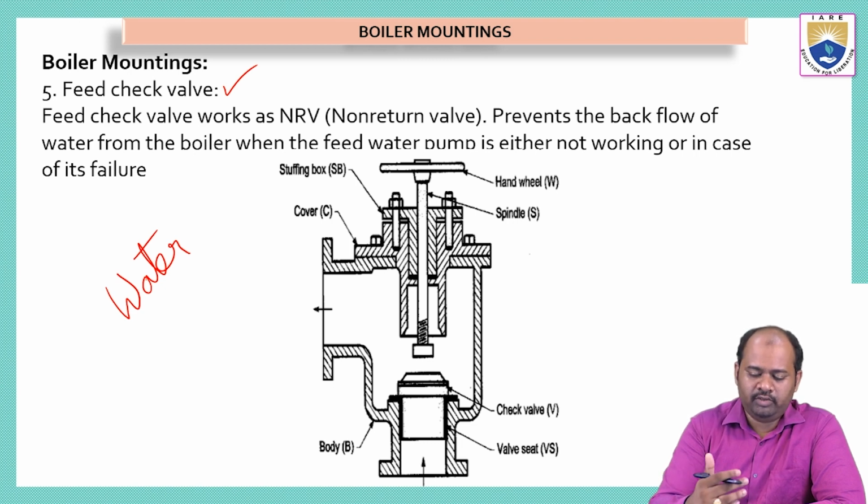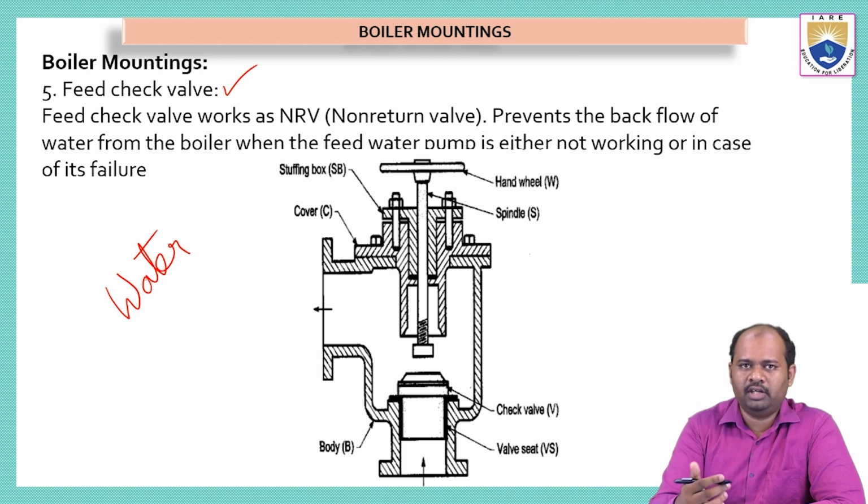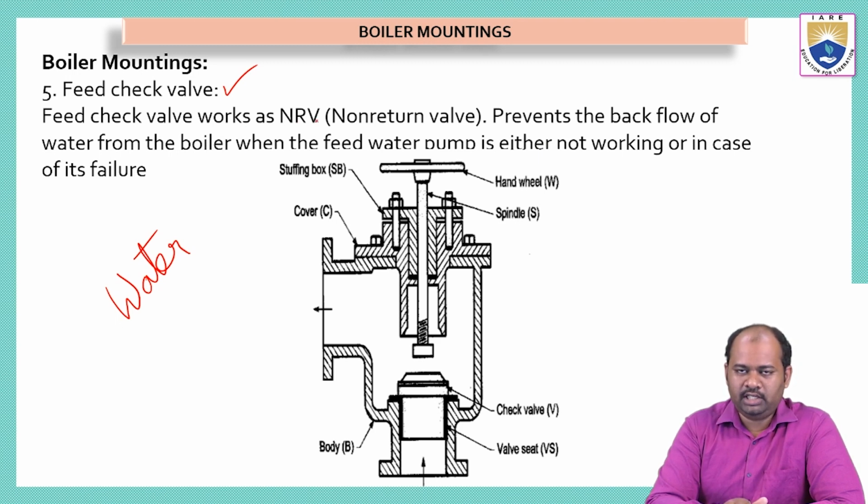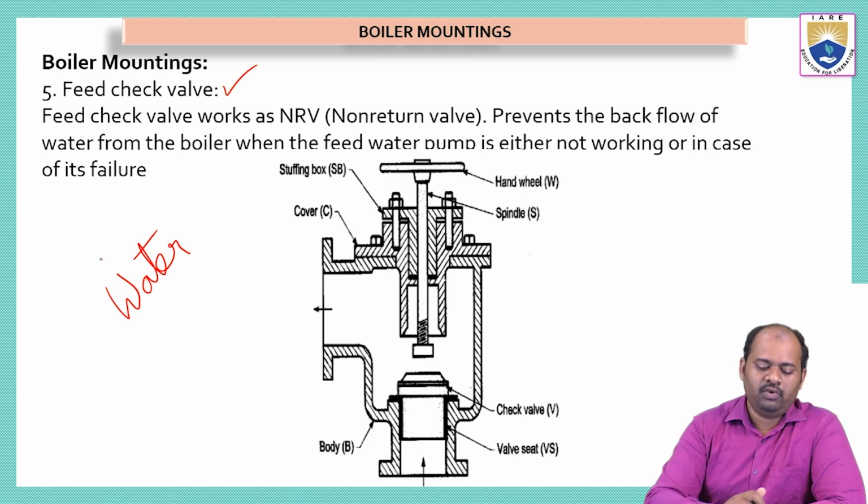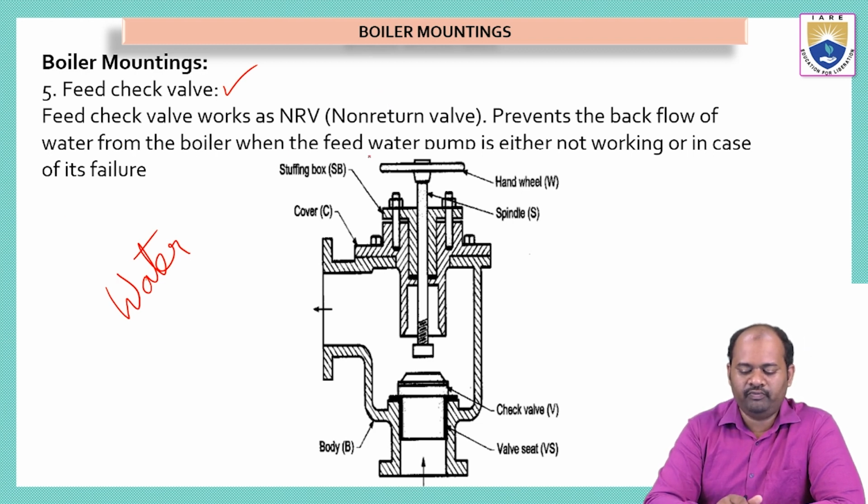Between the water pipe and the boiler we have a separate arrangement which controls the flow of water into the boiler. The feed check valve works as an NRV, which stands for non-return valve.